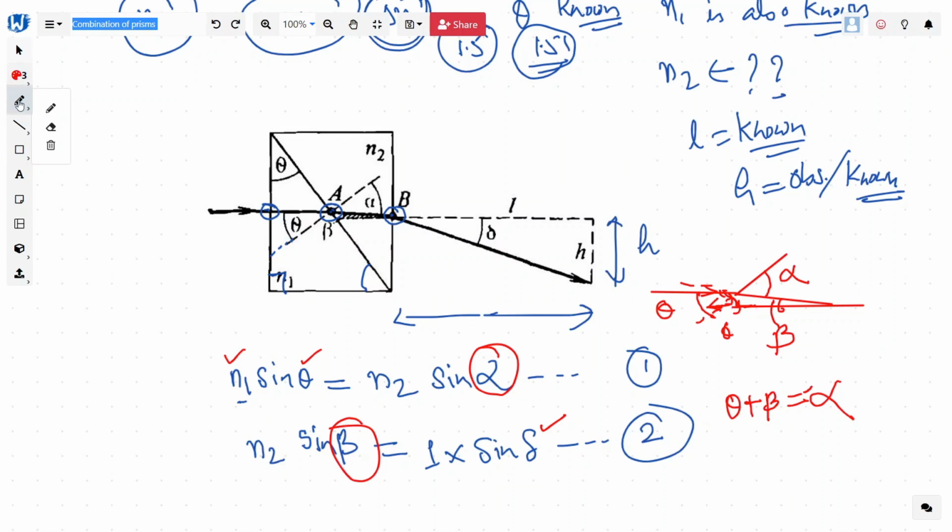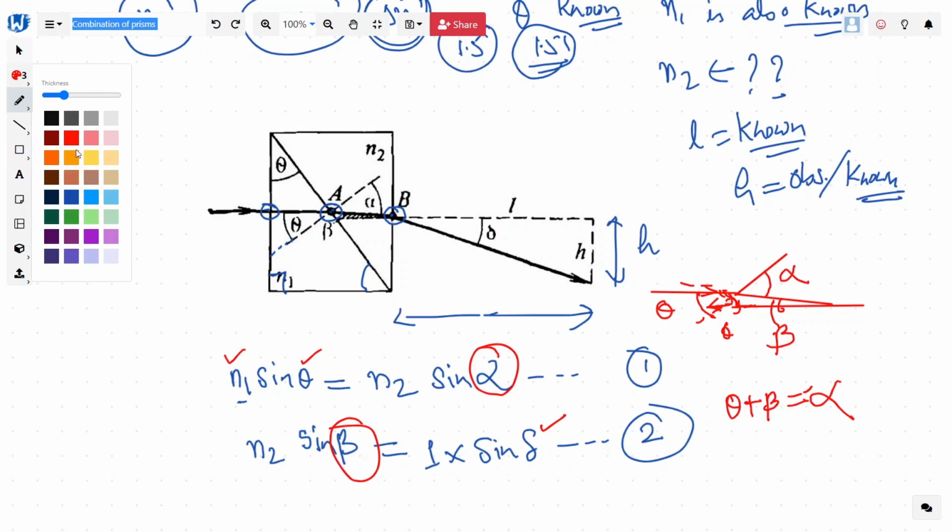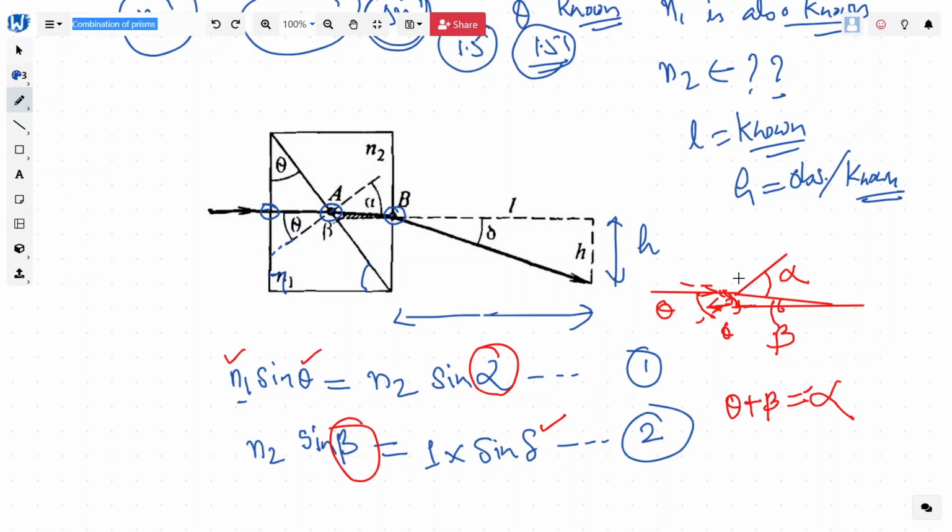Let me mark it in different colors so that you can see it clearly. So these are parallel lines. This line is like that, this angle is theta, so this angle will be theta. And now from here this is going like that, and this angle is beta, and this angle is alpha.